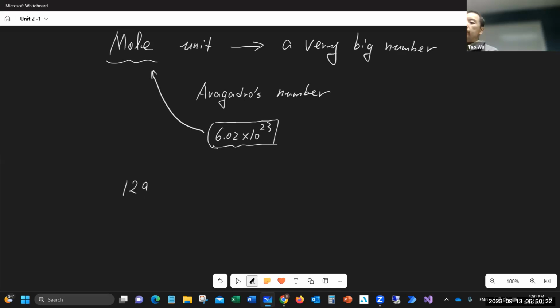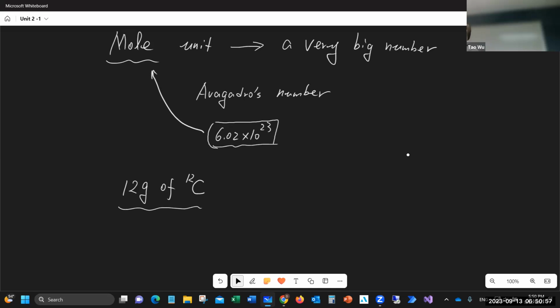12 grams of carbon 12. People took 12 grams of carbon 12 and measured how many atoms are inside. How do they measure? Generally, they measure the mass.